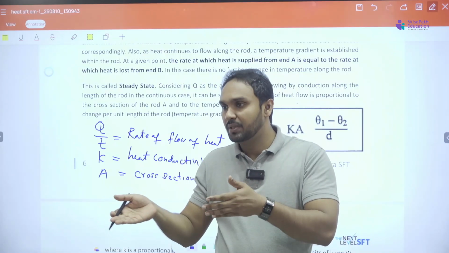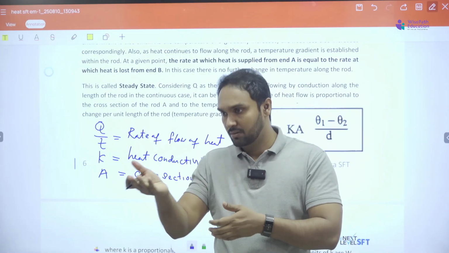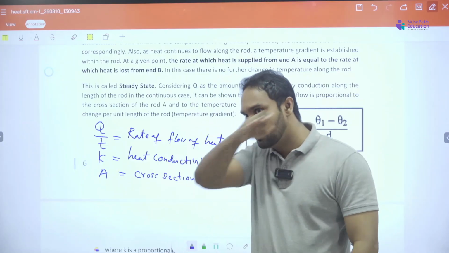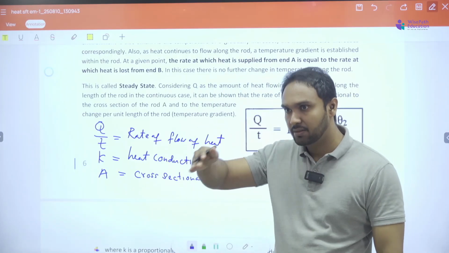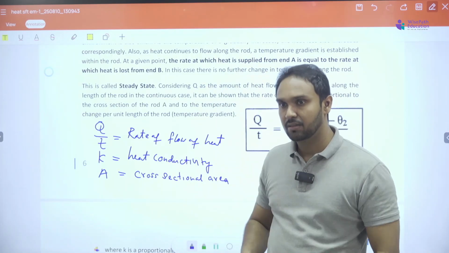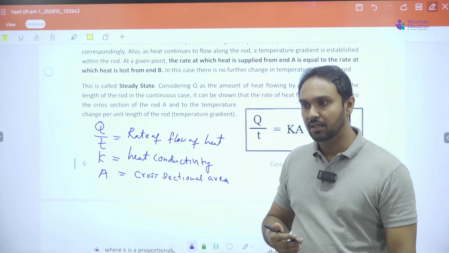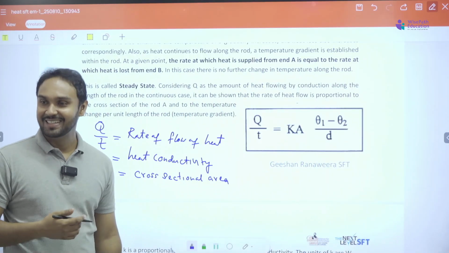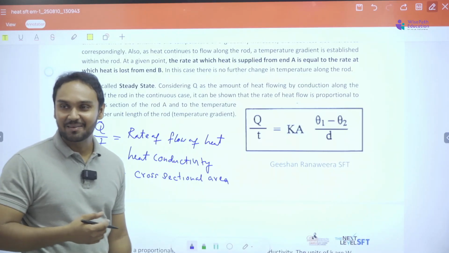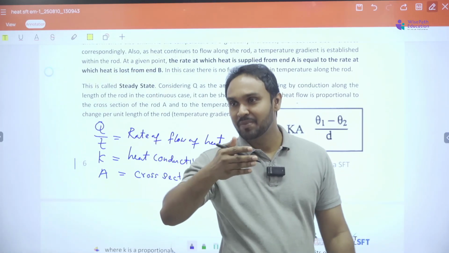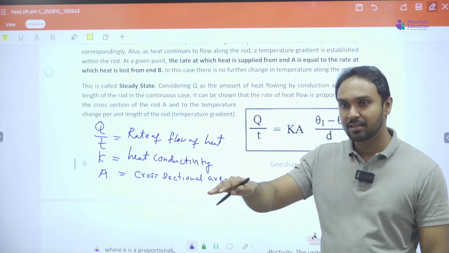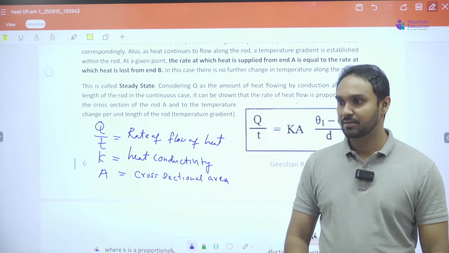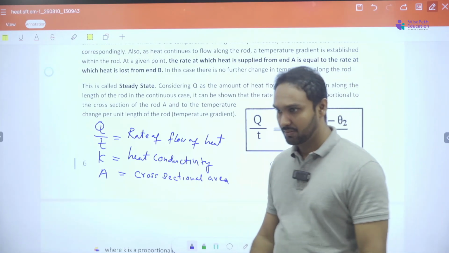Gradient is a slope. In graphs, when we take a gradient, the change is a gradient. So it's a temperature gradient, isn't it? You tell me now. Now temperature is changing through the length, so it's a temperature gradient through the length.